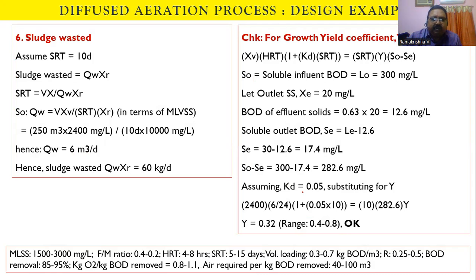Sludge wasted we have to calculate. Sludge wasted is expressed in terms of QWXR. So to calculate QWXR, we have to go with the formula: SRT is equal to VX by QWXR.